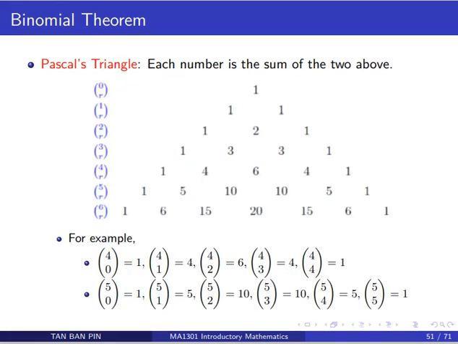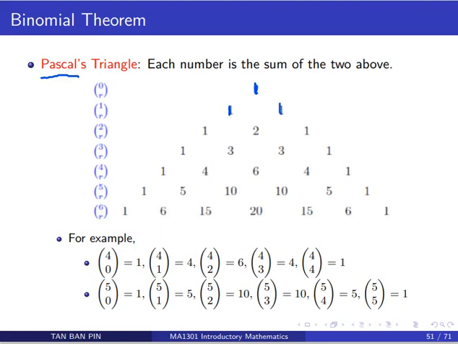You have this Pascal triangle. In the olden days, we didn't have a calculator, so I had to work out the binomial coefficient. And we have this famous Pascal triangle, which allows you to write down binomial coefficients. The idea is you start with 1, then 1, 1.